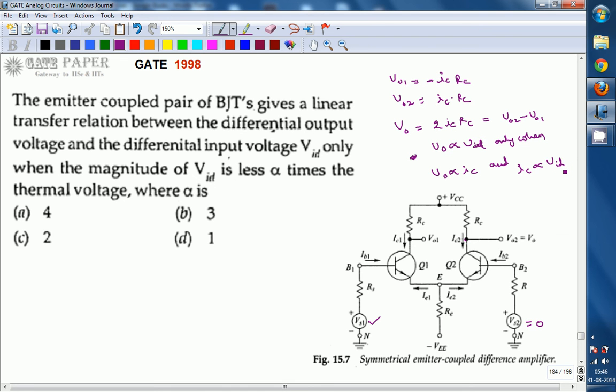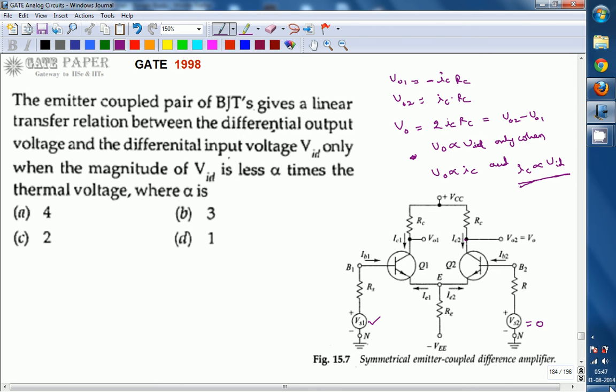V0 has to be proportional to IC and IC must be proportional to VID. Then only can we say that V0 is linearly related to VID. Now we must get the relationship between IC and VID, the differential input voltage and the collector current.